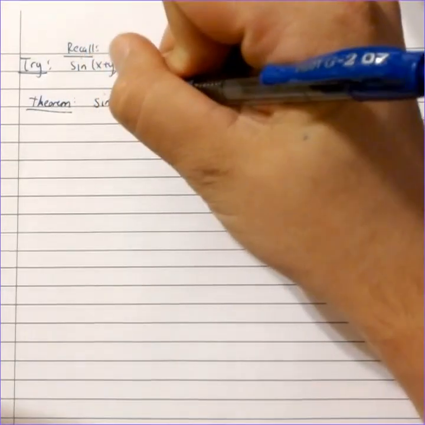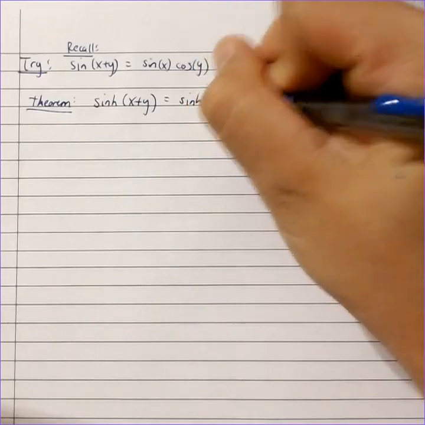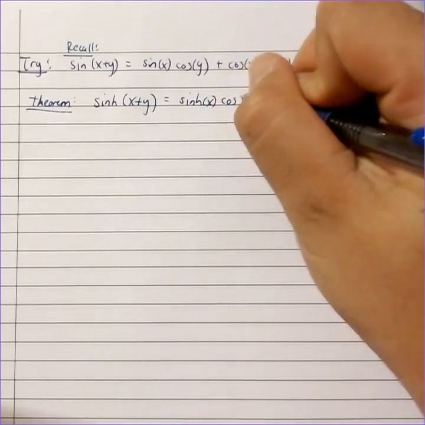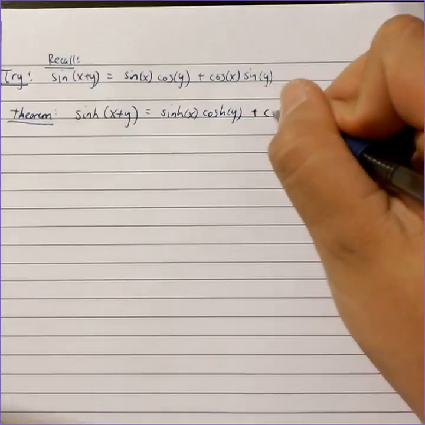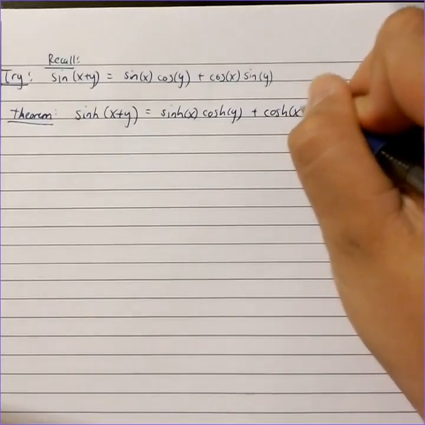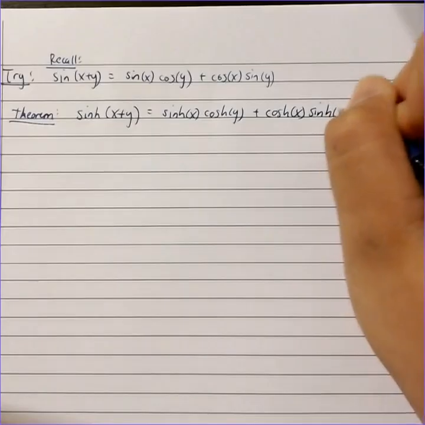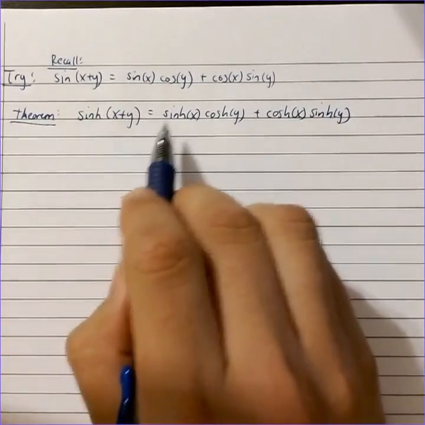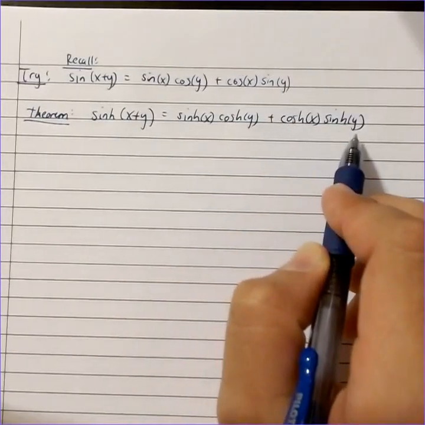Here, the hyperbolic sine of x plus y is equal to the hyperbolic sine of x times the hyperbolic cosine of y plus the hyperbolic cosine of x times the hyperbolic sine of y. Or using the abbreviations, sinh of x plus y is sinh of x cosh of y plus cosh of x sinh of y. All right?